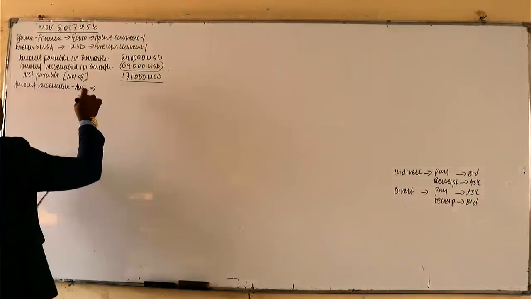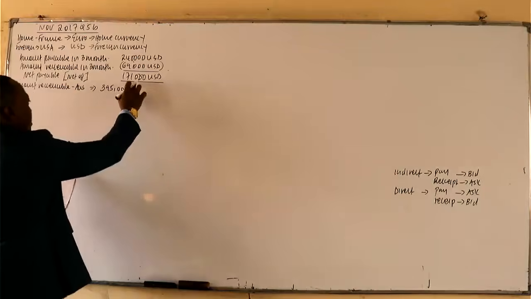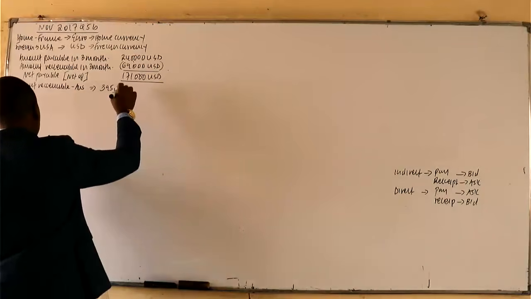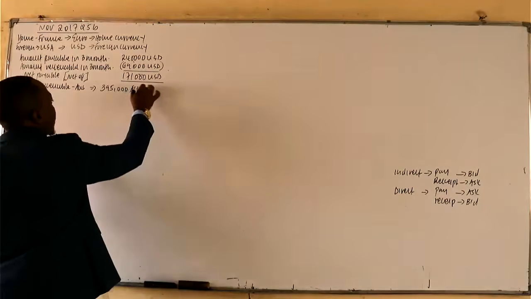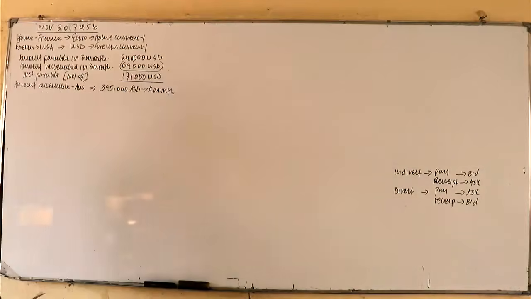We expect to receive 395,000 Australian dollars 4 months from now. The amount we expect to pay, we are paying in the next 3 months. Good.